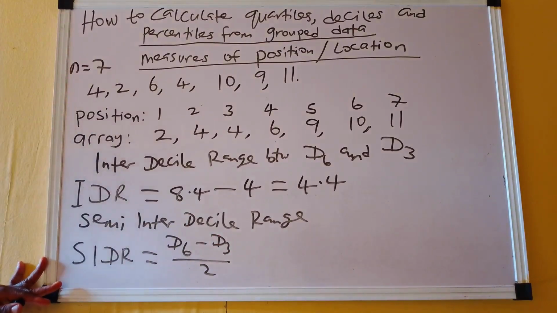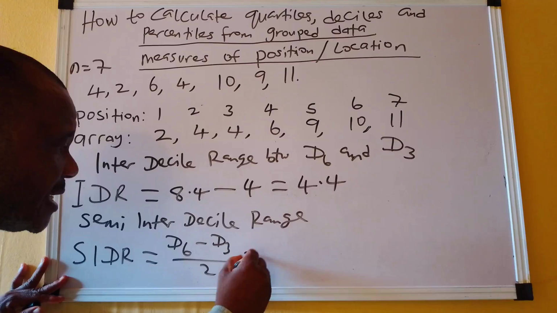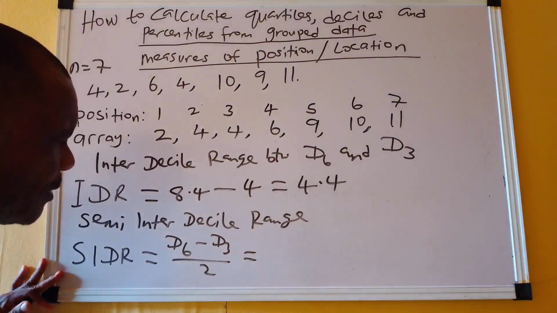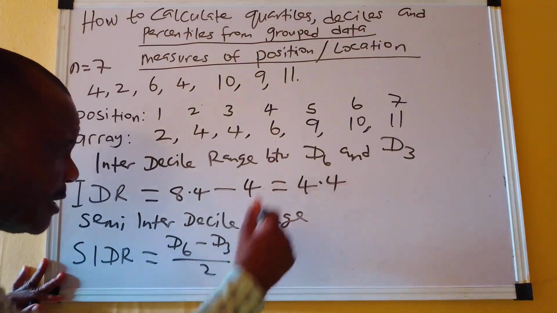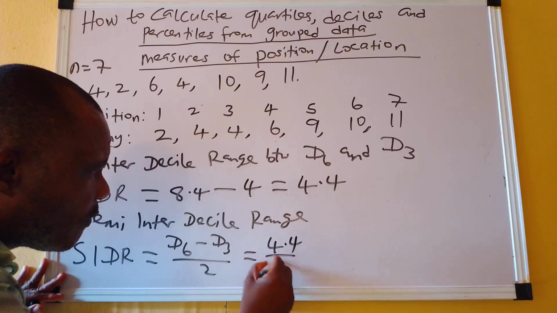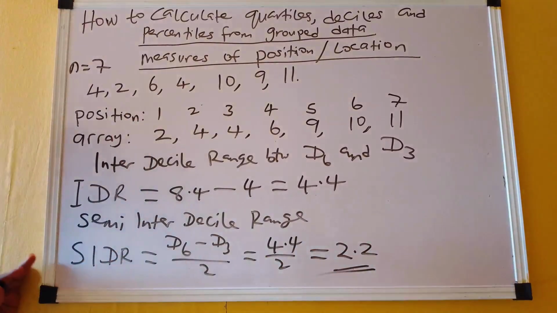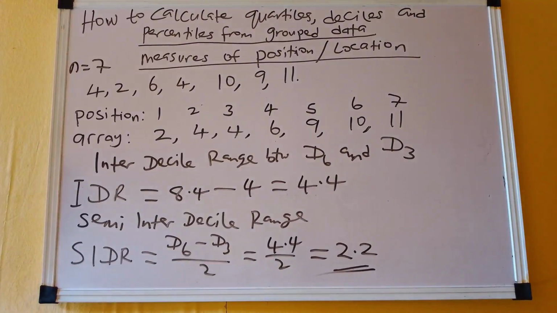For anything semi, you are dividing by 2. You can find the interdecile range between D7 and D2, between any two deciles, where one is higher than the other. So this will now be the value I've already calculated, which is 4.4 all over 2. This will be equal to 2.2. So we can calculate the deciles, the interdecile range, and the semi-interdecile range.